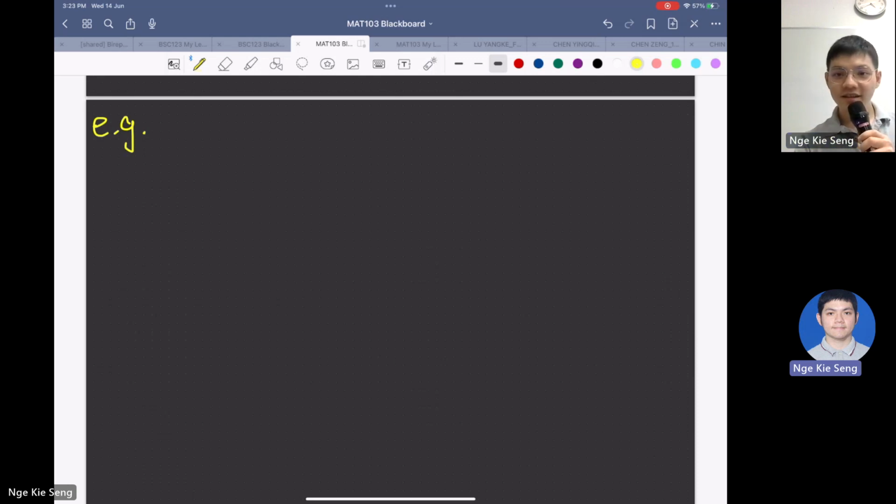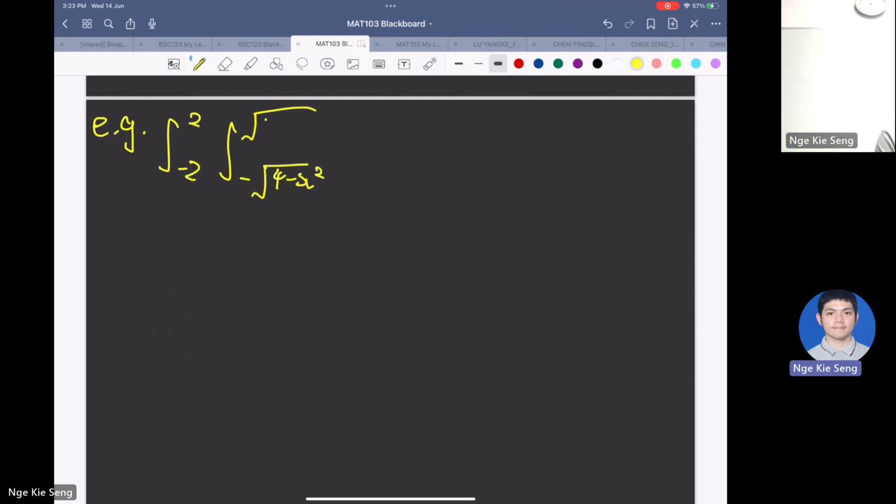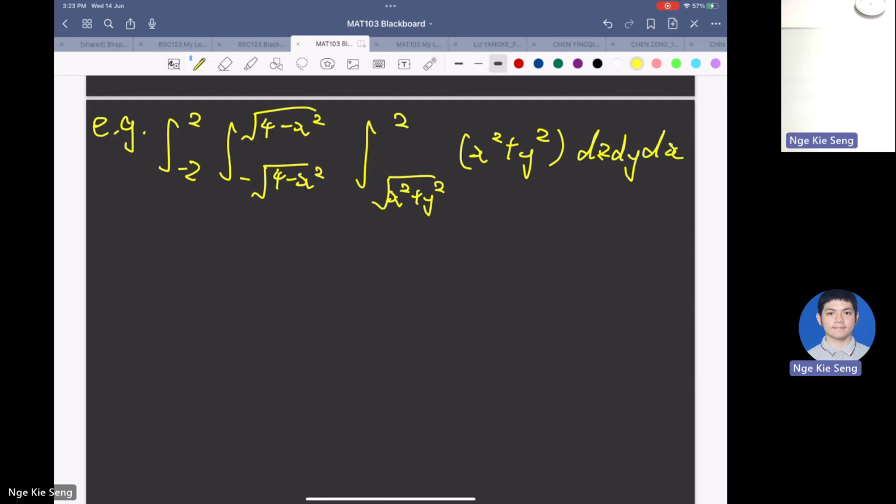Okay, so let's check this one. So this domain here, how to integrate over this? When the first thing you see is a multiple integral, try to sketch the domain first.